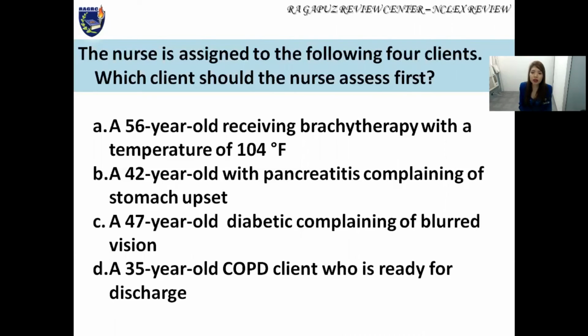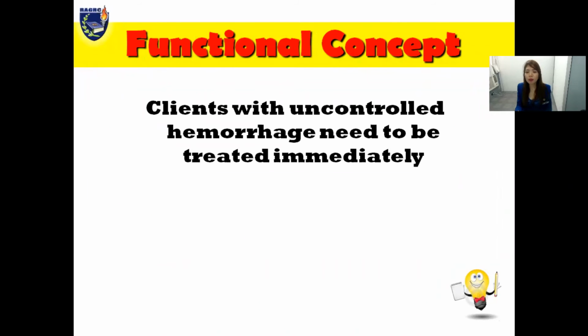So, what is the answer? You are right. Letter A, a 56-year-old receiving brachytherapy with a temperature of 104 degrees Fahrenheit. Why? Because the client is undergoing an ongoing procedure and there is an acute complication. Another functional concept: clients with uncontrolled hemorrhage need to be treated immediately.